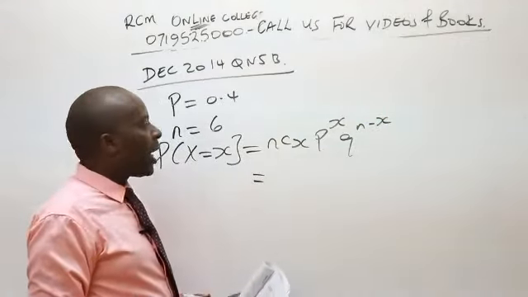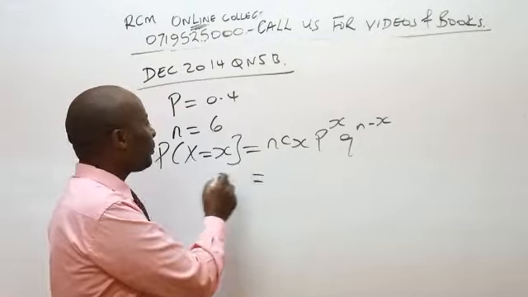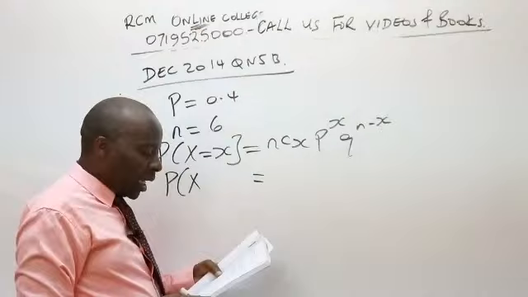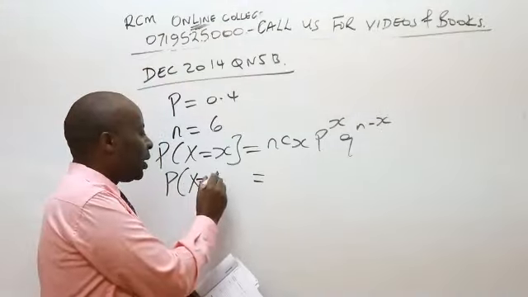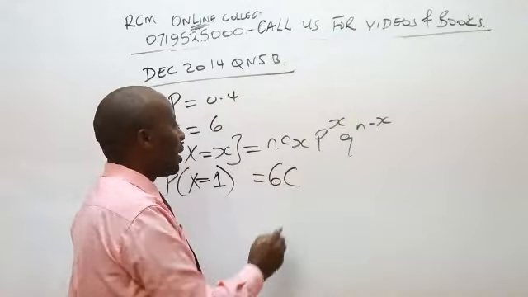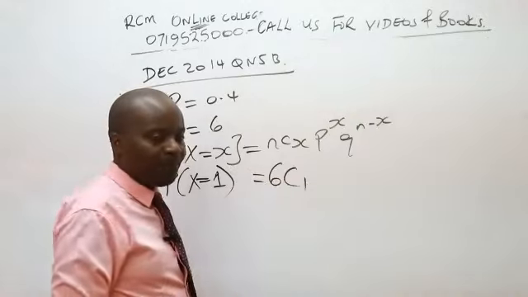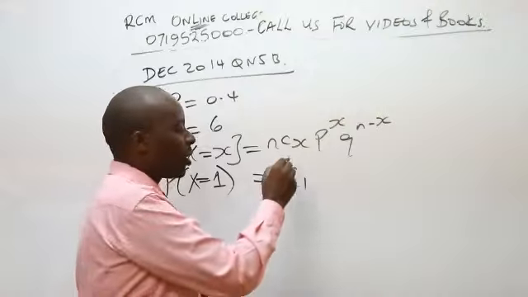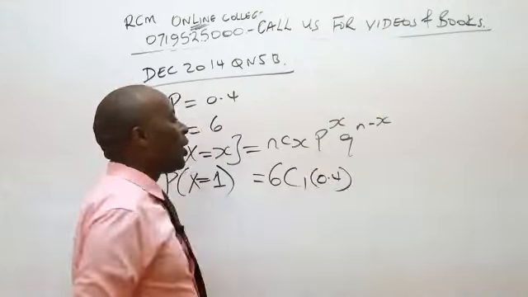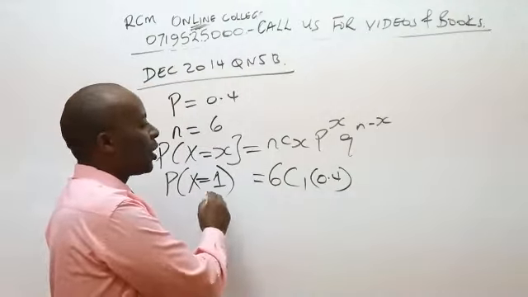They want us to give them the probability of X being exactly equal to 1. So our n here is 6, 6 combinations 1. P is 0.4 raised to power x, which is 1.